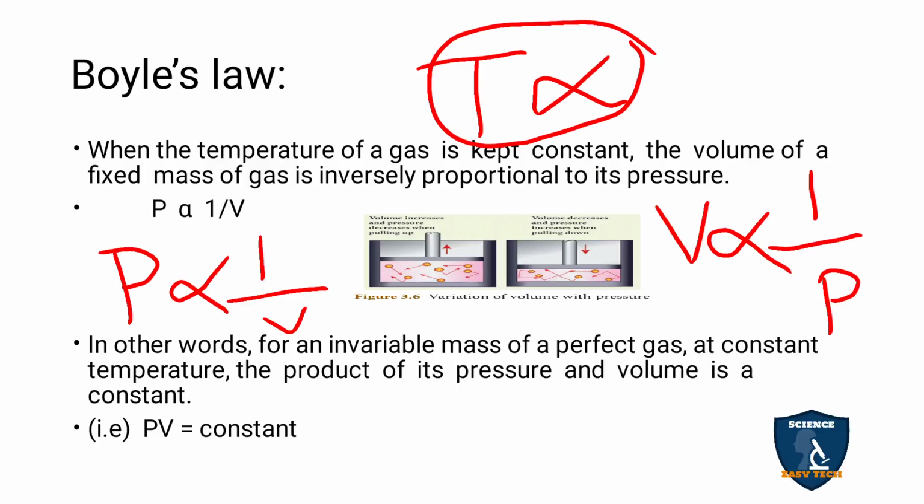In other words, for an invariable mass of a perfect gas at constant temperature, the product of its pressure and volume is constant. For example, you have taken an invariable mass of gas. In one case, the volume of the gas increases and the pressure decreases.